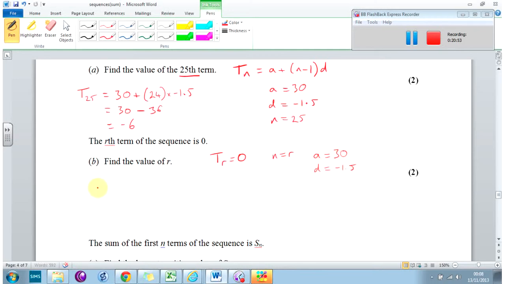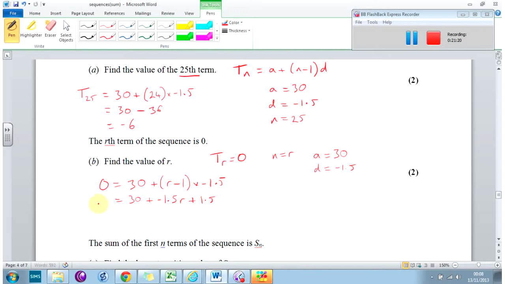So we know that if this is 0, we've got 0 equals a plus r minus 1 times minus 1.5. Careful with that minus. So we've got 30 plus, now, minus 1.5r. Minus 1 times minus 1.5 is plus 1.5.